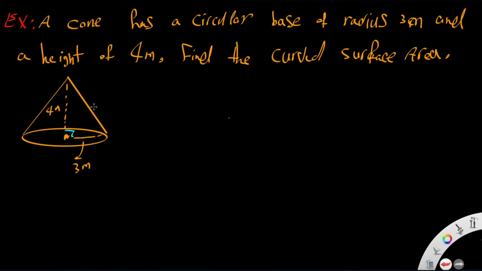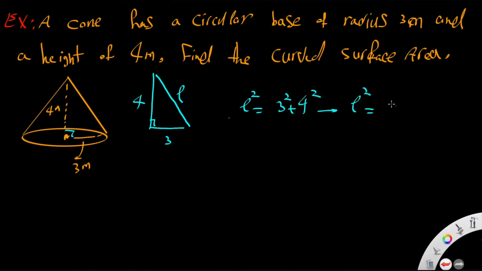As I told you, the height, slant height and base radius make together a right angle triangle. So I label it L squared will be equal to 3 squared plus 4 squared. So L squared would be 9 plus 16.